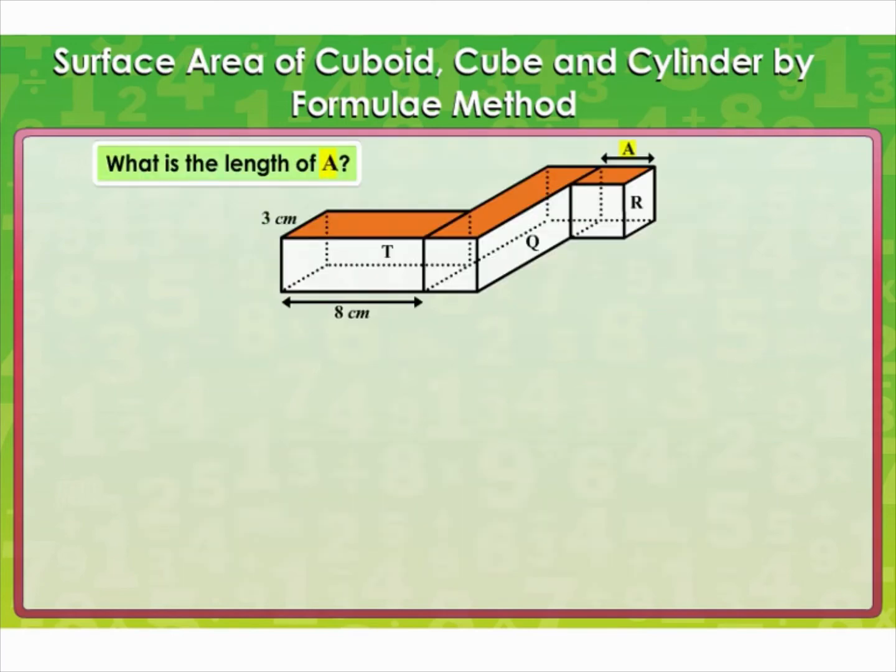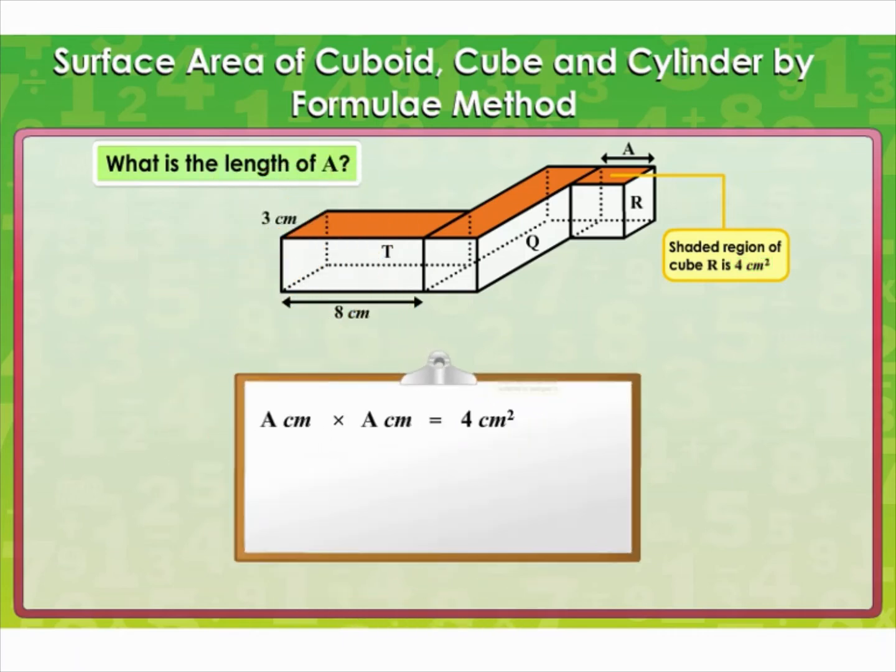Now how do we find the value of A? We know that the area of the shaded region of cube R is 4 square centimeters. The face of a cube has 4 equal sides, so its length is equal to its breadth.